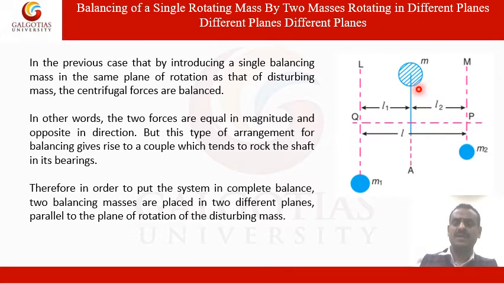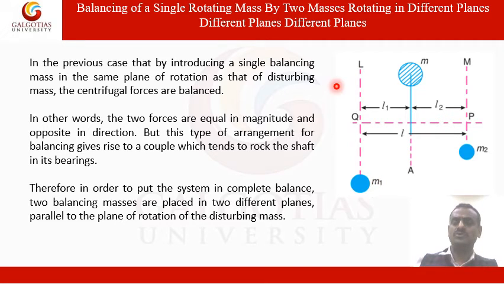So here, this is the one disturbing mass. In order to balance this disturbing mass m, two balancing masses are added, one in the plane MP, where the magnitude of the mass is m2. Another mass is added in the plane LQ, where the magnitude of the mass is m1.